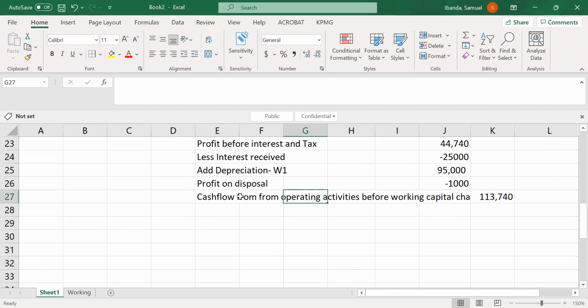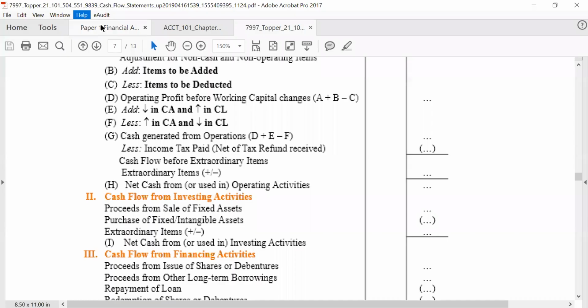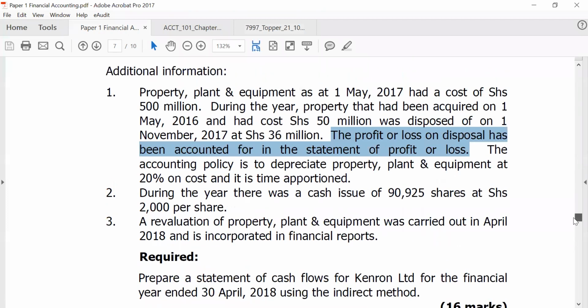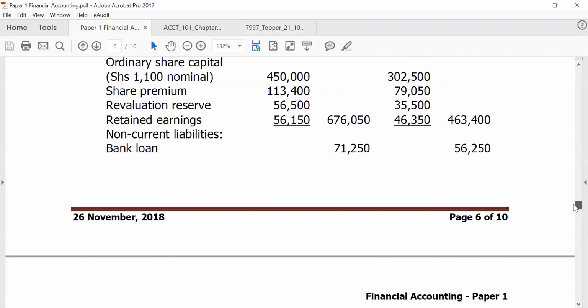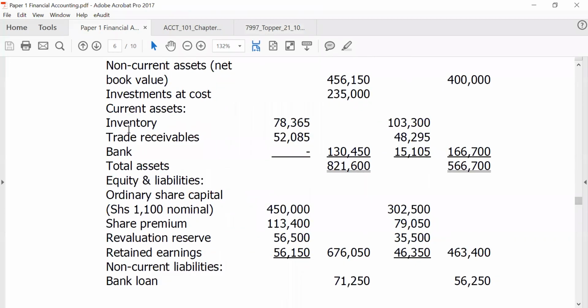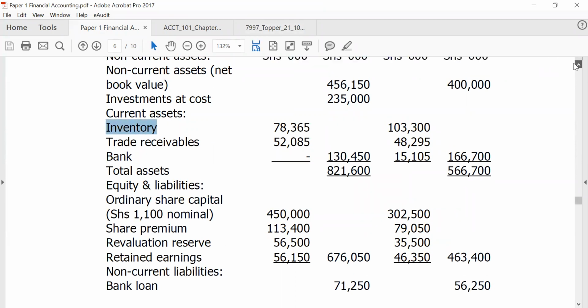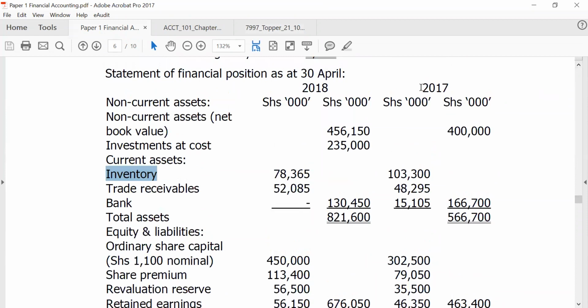So I told you that for us to determine the working capital changes, we look at the balance sheet, which is our statement of financial position, and we start with our current assets. So for working capital changes, we have inventory. I'm going to see what exactly happened with inventory. Remember, always mind which year is here and which year is here.